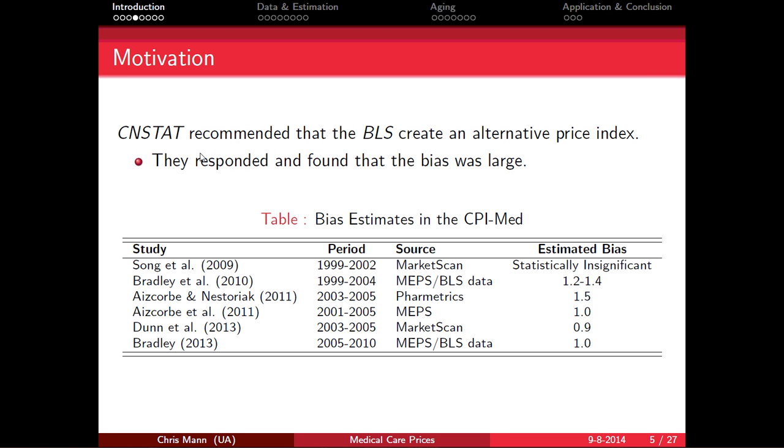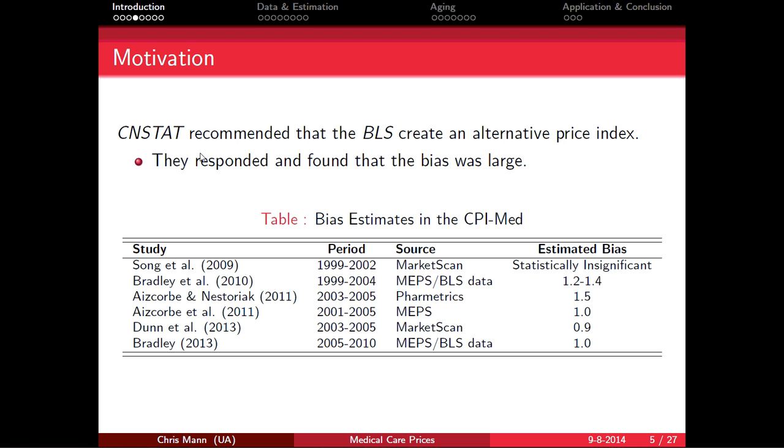Okay? And so the Committee for National Statistics saw this, and they recommended that the Bureau of Labor Statistics create a completely alternative price index for medical care, to start off as experimental, but see if they could begin incorporating that into the official consumer price index. Their recommendation involved randomly picking 15 to 40 diseases and tracking how much it actually costs to treat these diseases over time using insurance claims data. Right?